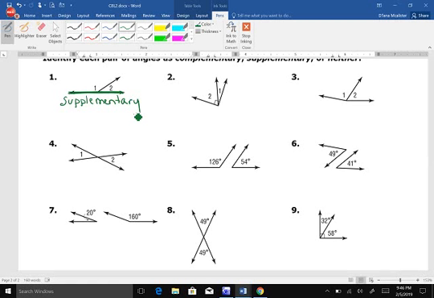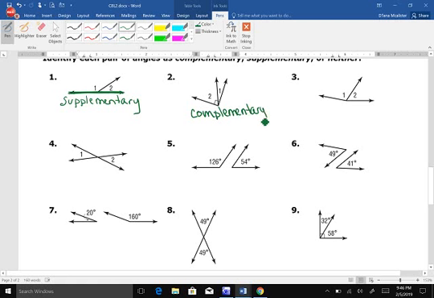Let's take a look at number 2. They are complementary angles. How about number 3?